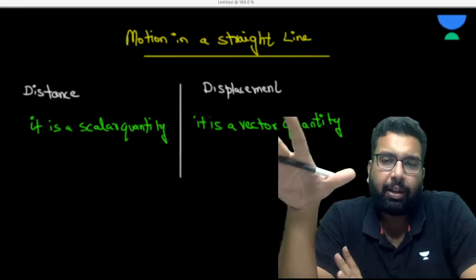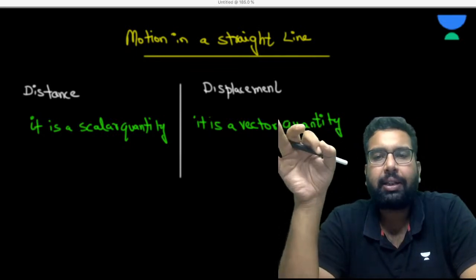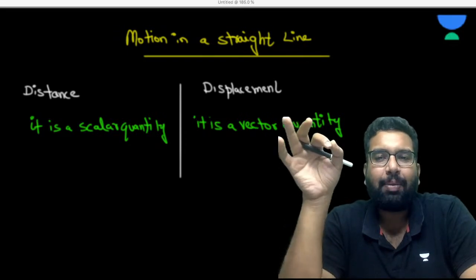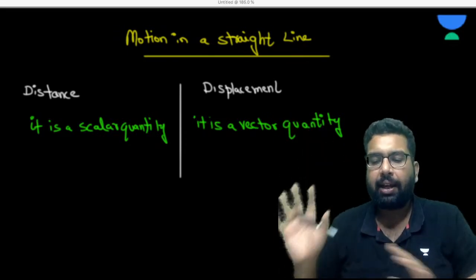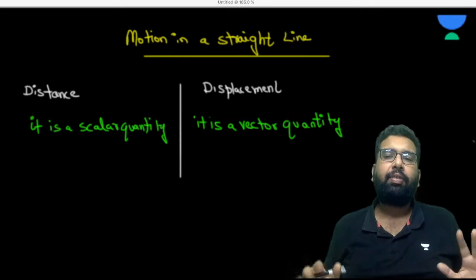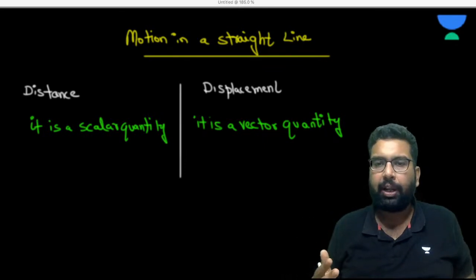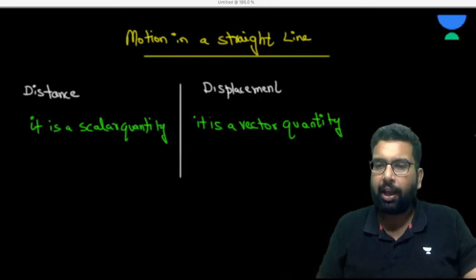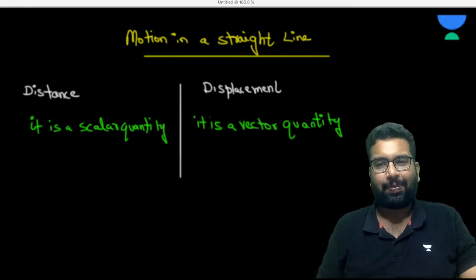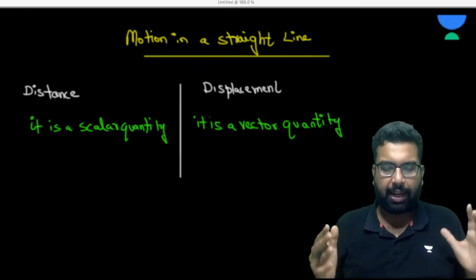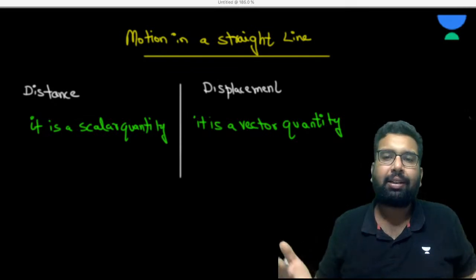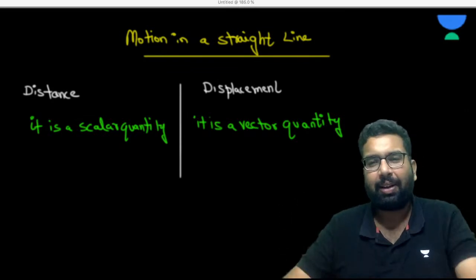So for the time being, we keep this loose understanding in mind. It is not a complete understanding, but broadly we can say that a scalar depends upon the magnitude only, and displacement depends upon the direction also. So it depends upon both direction and distance. So what is distance, what is displacement? We all know it more or less.